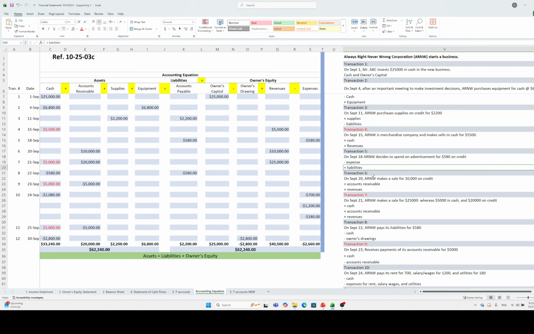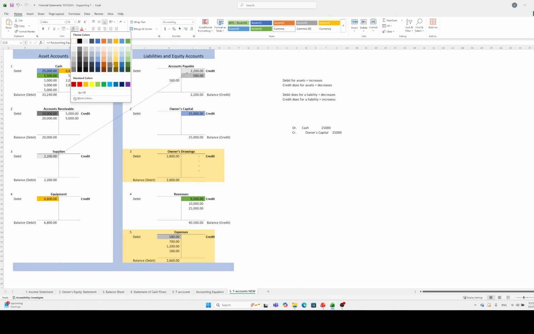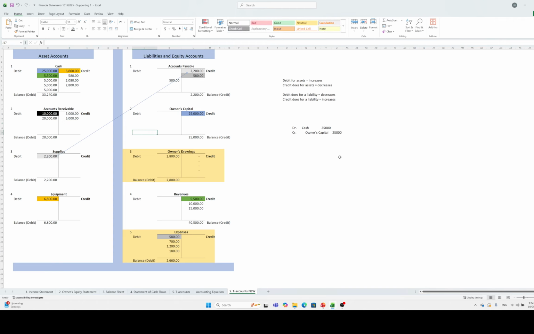Then transaction number 6, the company makes a sale for $10,000 on credit. So that means accounts receivable should be $10,000. There you go, $10,000. I'm gonna change this into this color, and then change the font color as well to white. $10,000, and that is the credit, revenues, so $10,000.